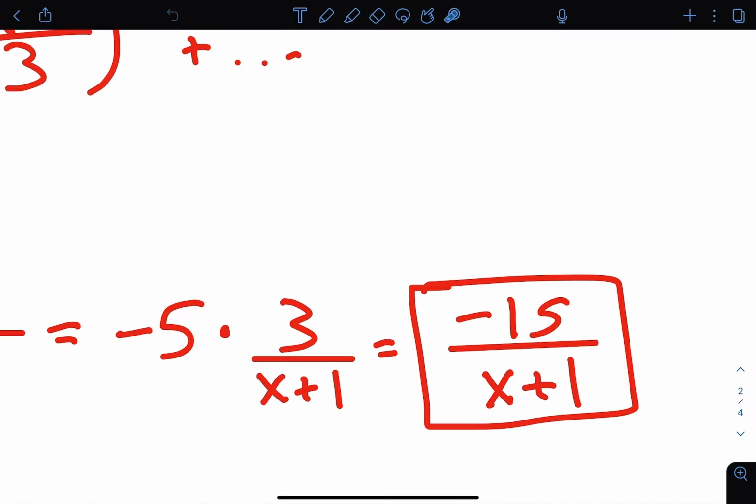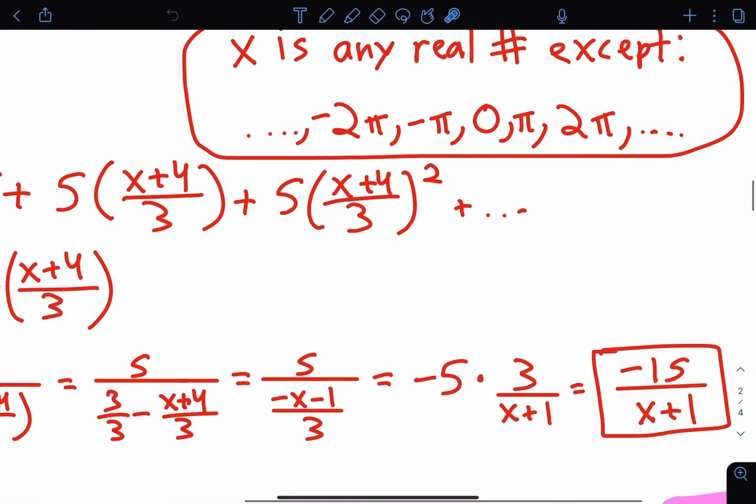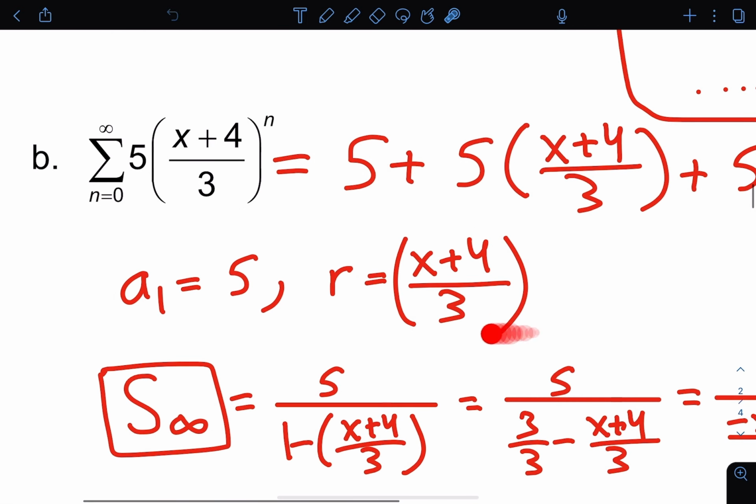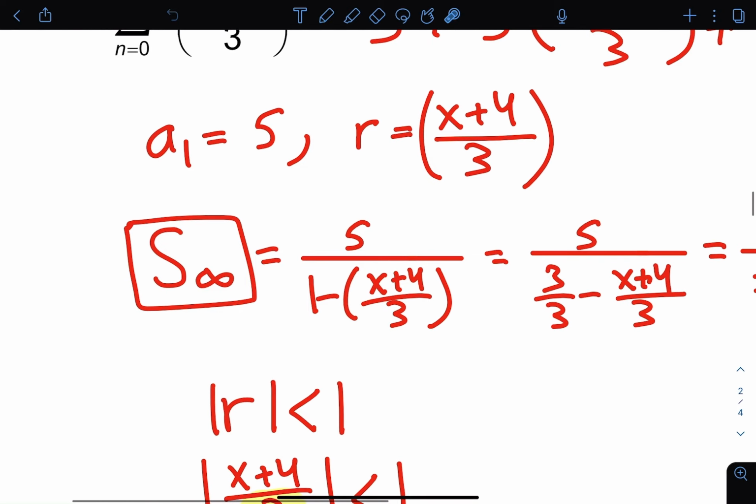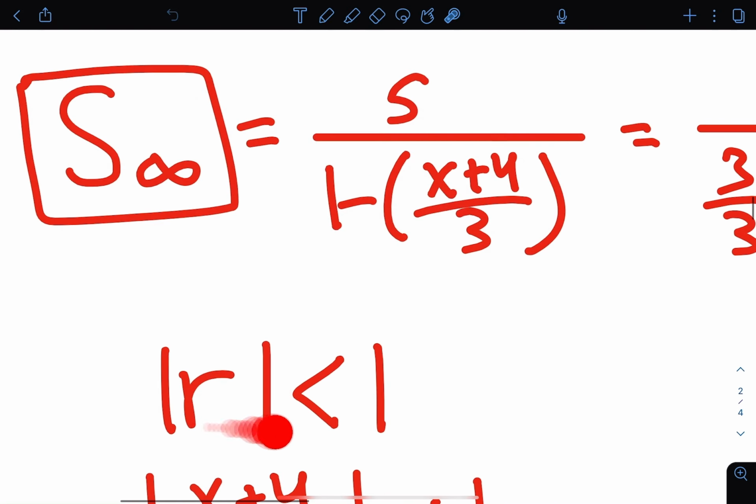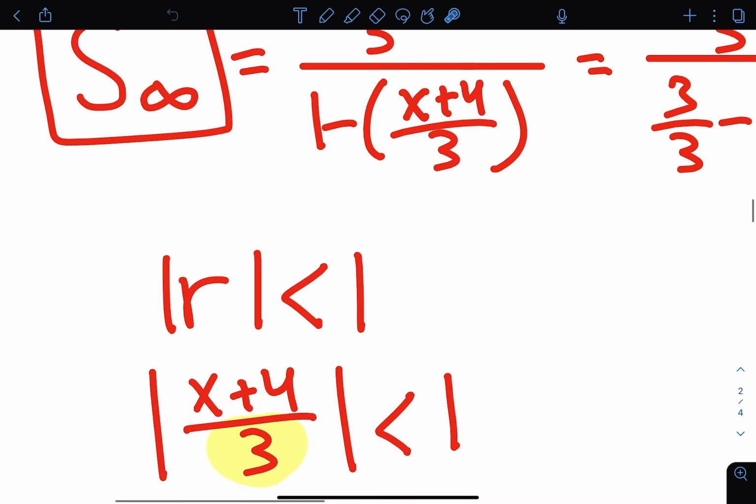Now again, this is only the sum if r is between negative 1 and positive 1. So absolute value of r must be less than 1. Now, one thing I'm going to do here is talk about the radius of convergence. My r was x plus 4 over 3.